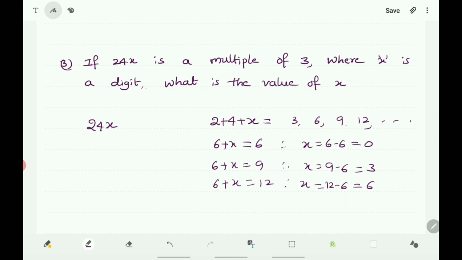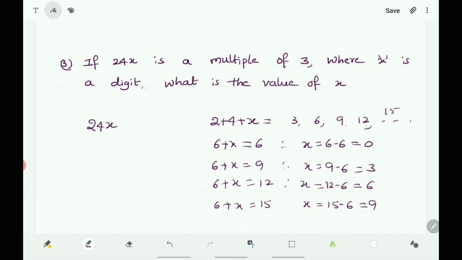Next, the next number is 15. Try to have 15. 6 plus x equals 15. So x equals 15 minus 6, which is 9. The next multiple of 3 after 15 is 18.